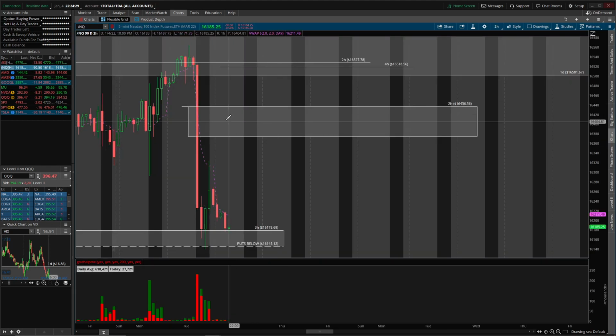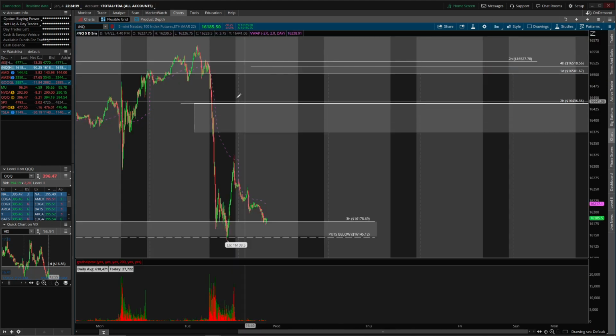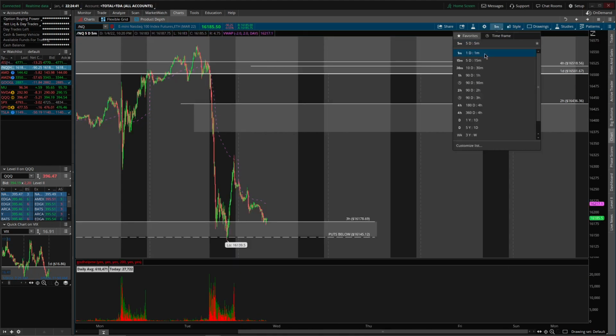This 2-hour zone was from yesterday, I believe, that I had drawn out in anticipation for today. And when price opened today, actually, let's look at the 1 minute.